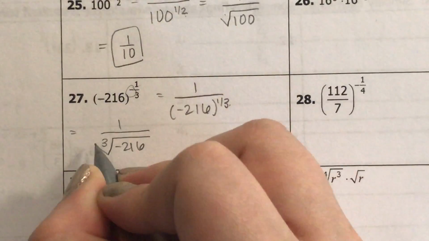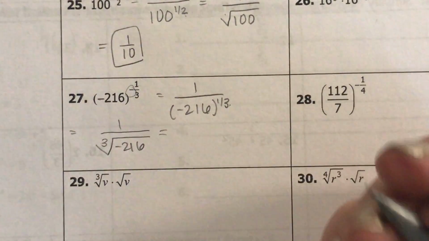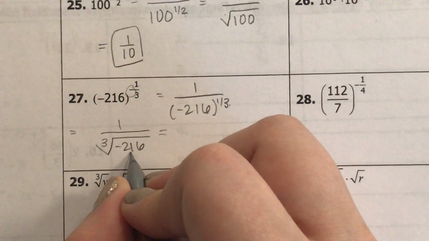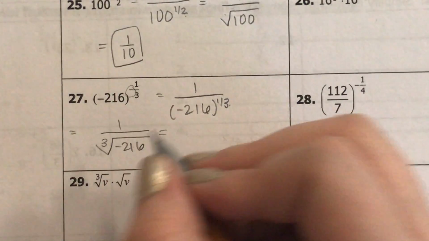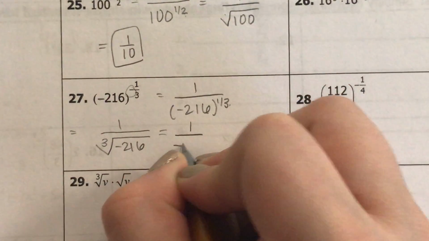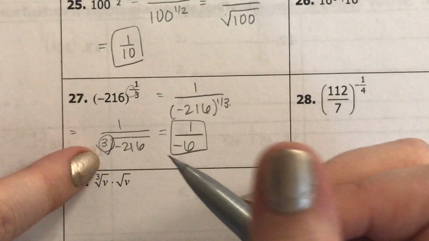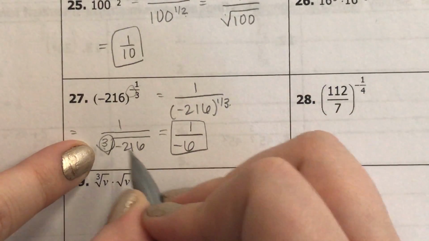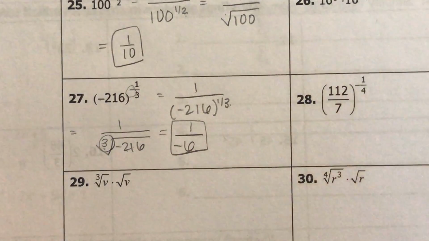The 3 goes in the index. I'm also going to simplify this one because I know the cube root of 216. I know what number times itself 3 times gives me 216, and that's 6. So that's what this number means right here: what number times itself this many times gives me this number, and it's negative 6. Okay.